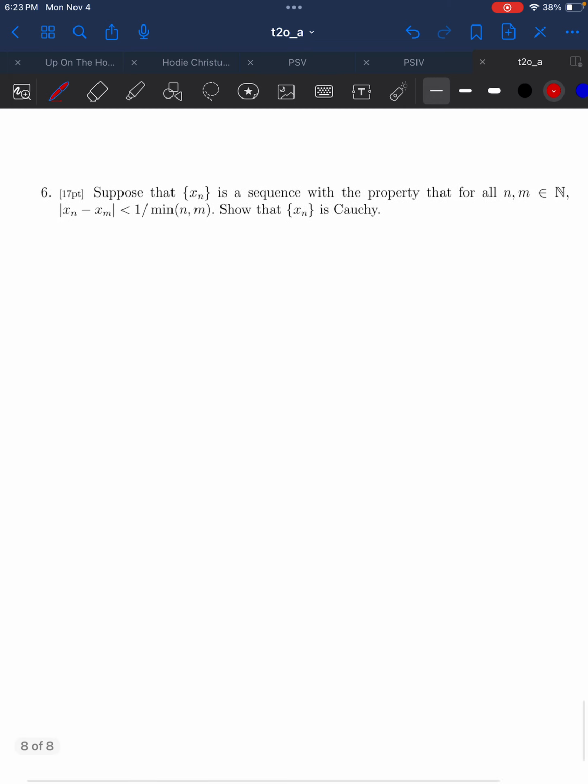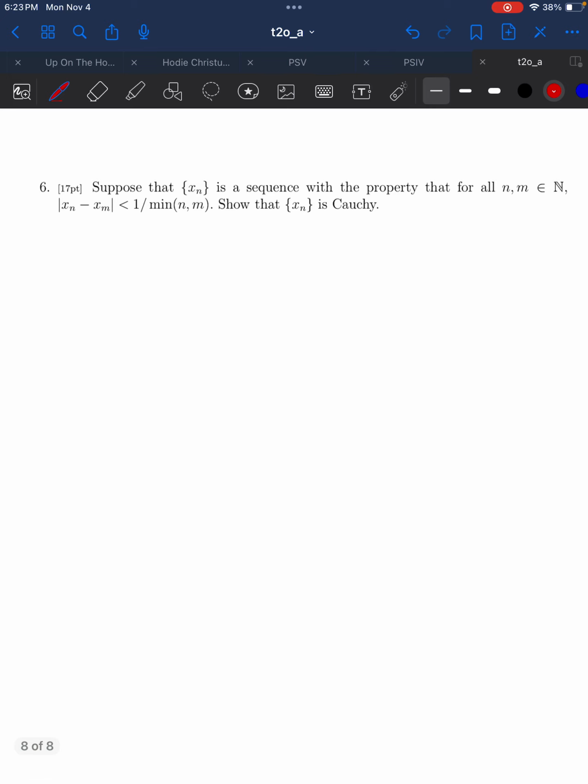Last problem. What we're given is this special fact about xn minus xm, and we want to prove that it's Cauchy. So let epsilon be greater than 0. Define k equals... let n, m be greater than k.